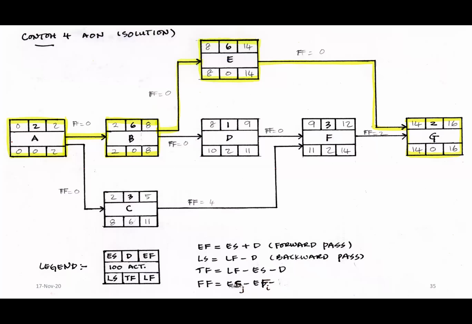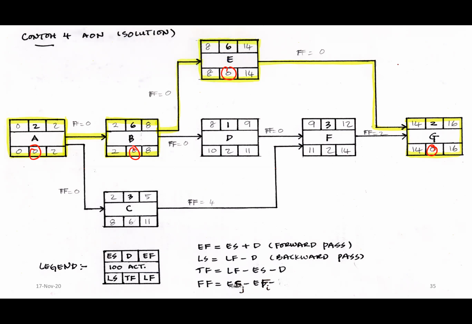And at the end of the day, you can calculate total float. Total float is the difference between the bottom values, left side and right side: 0, 0, 0. So this indicates the critical path. The yellow one that I highlighted is what we call the critical path.